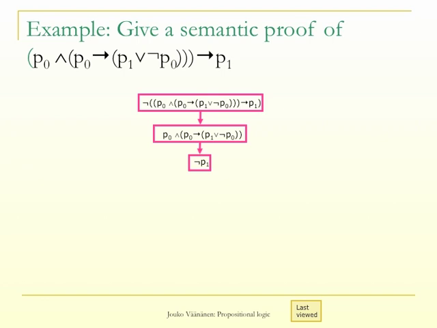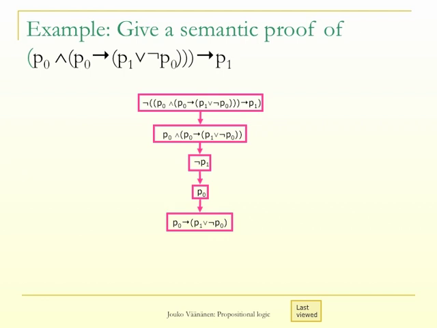Now, on the second row of this tree we have a conjunction, so we can write as an extension of this branch both conjuncts separately. So first we have P0, and then we have this implication. P0 implies (P1 or negation P0). This is an implication, not a negation of an implication.